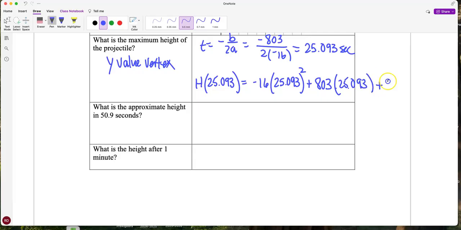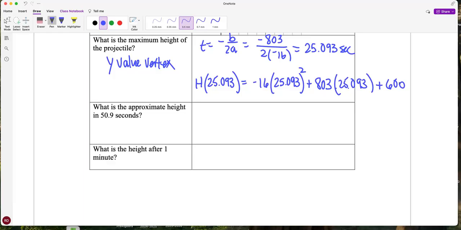25.093 plus 600. So if I do this on my calculator, 25.093 squared, multiply that times negative 16, and then plus 803 times 25.093, and then plus 600.